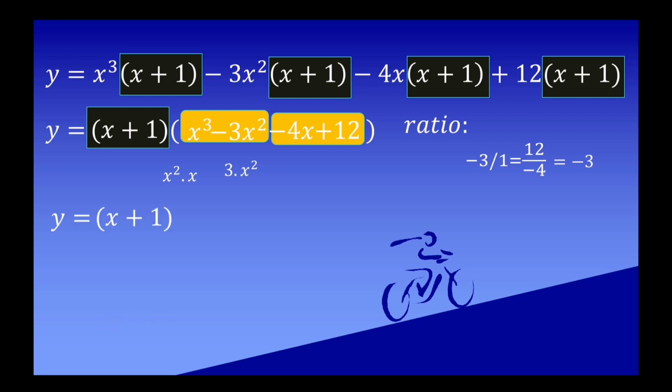So y is equal to, copy x plus 1, then our GCF x raised to 2, then the leftover goes into our parentheses. So that is x and negative 3.